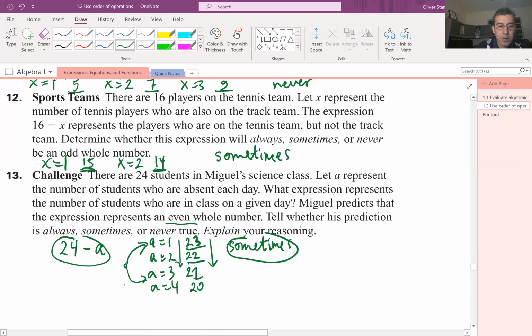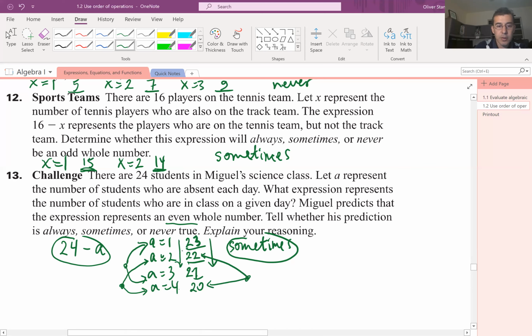And then if it's even, like 2 or 4, that's an even number of absent students, then we're going to get an even number of students that are present in the class.